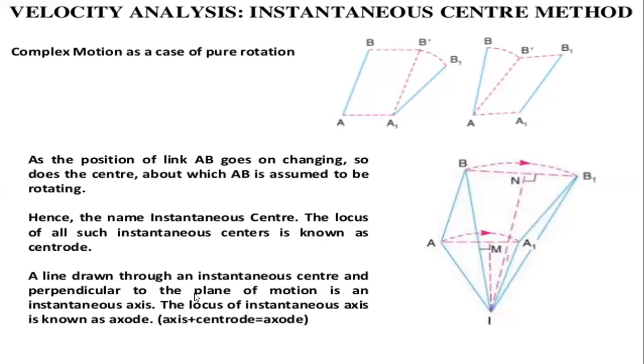So the line drawn through an instantaneous center, perpendicular to the plane of motion, is an instantaneous axis, and the locus of these instantaneous axes is known as the axode. So axode means axis plus centroid. The definition of the axode is that axis plus centroid is called the axode.